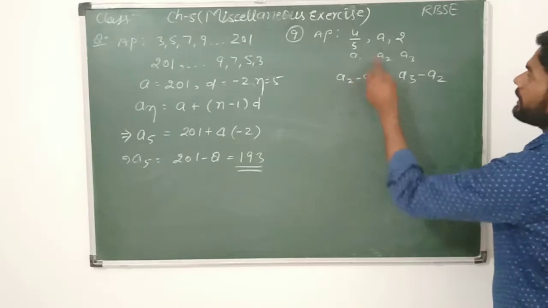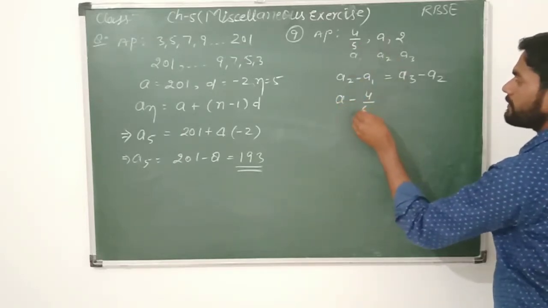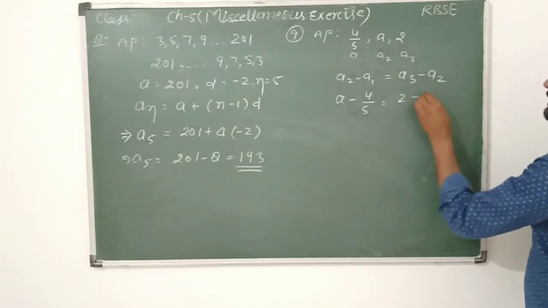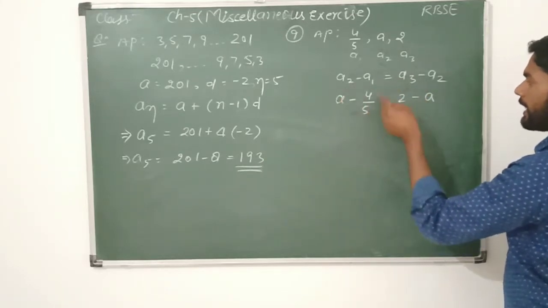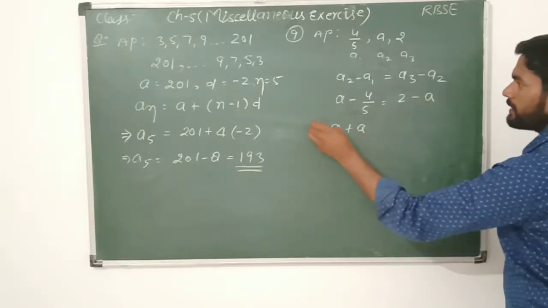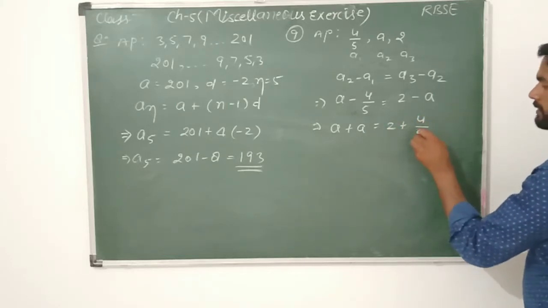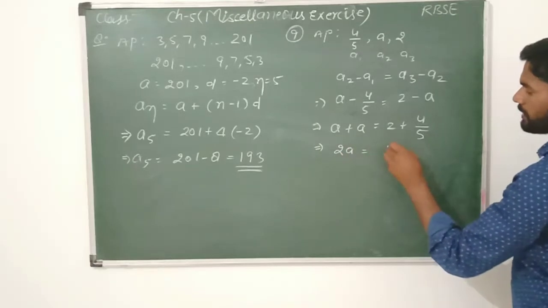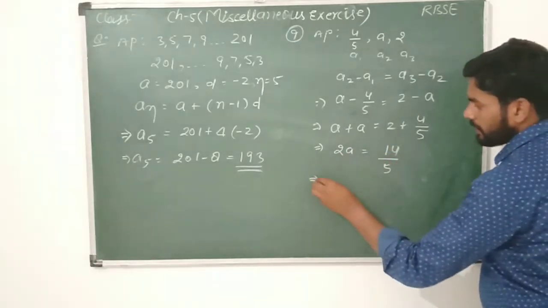a2 minus a1: a minus 4 upon 5 is equal to a3 minus a2, which is 2 minus a. Now transpose this to this side and this to this side. a plus a is equal to 2 plus 4 upon 5. 2a is equal to 14 upon 5, using the method of the LCM.